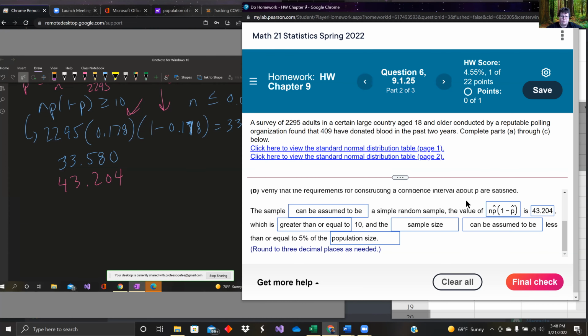Okay, let me use the 0.178 again. Let's go back to 0.178. This is the trial and error that you must do. Don't just assume you're wrong. I know what I'm doing. I know I'm just doing something wrong in the calculator. So let's just go back to that.